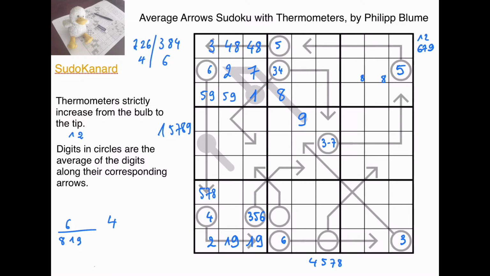Oh, I've missed this. This one makes this elimination. So there's a 1 here, big deal. There's a 9 somewhere in those cells. That's not very useful.